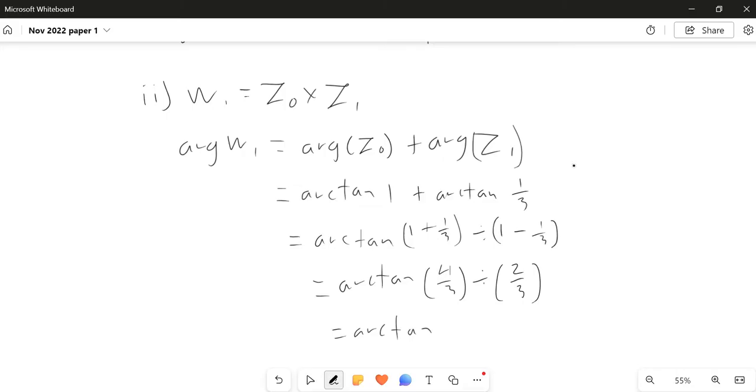Keep, change, flip, and you'll end up getting arctan 2. So arg w_1 equals arctan 2.